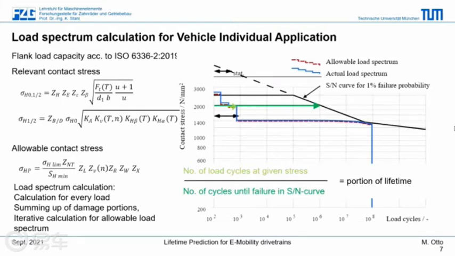Now, the full load spectrum calculation demands that we calculate such a portion of lifetime for every load, sum up these damaged portions, and then, to determine some distance to full usage of the lifetime, an iterative calculation is demanded for an allowable load spectrum.